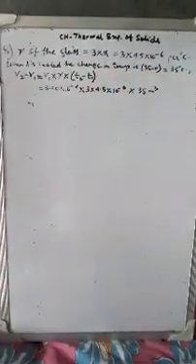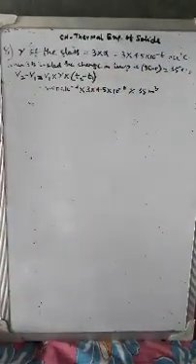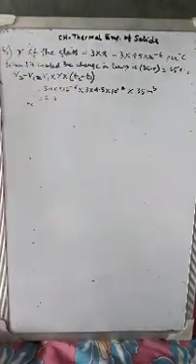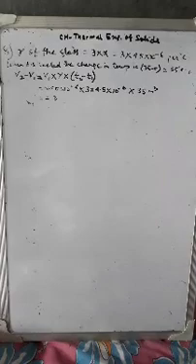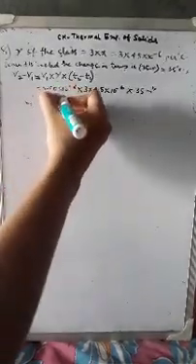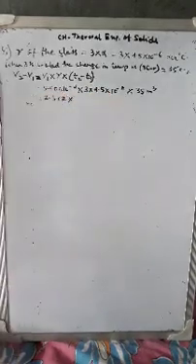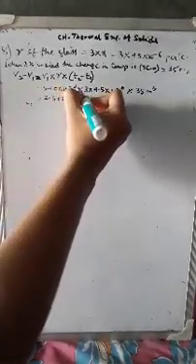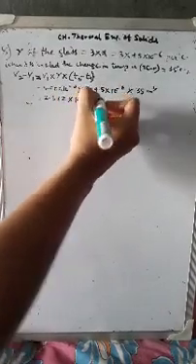So just calculate how much you're getting. You will get 2.3 somewhat 62 into 10 to the power minus 7 meter cube.